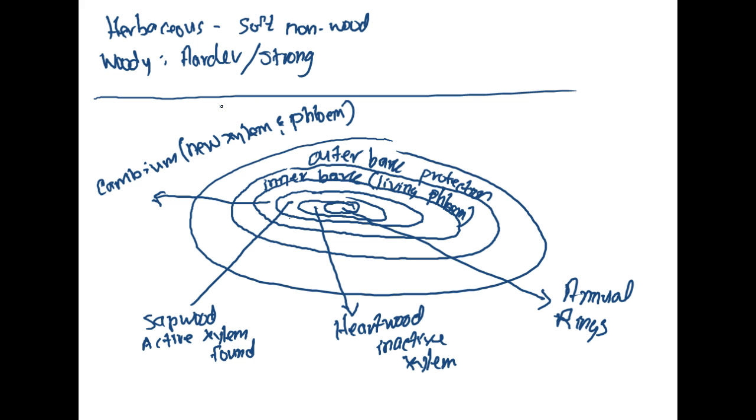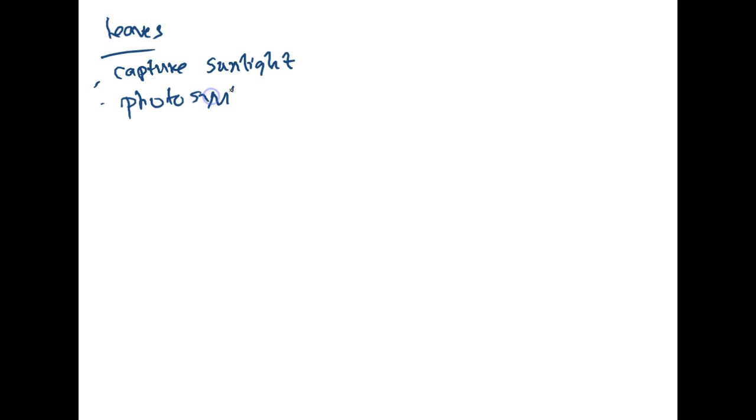The last little part we're going to get through is dealing with leaves. Leaves are important because they are what capture sunlight. They are doing that through photosynthesis.